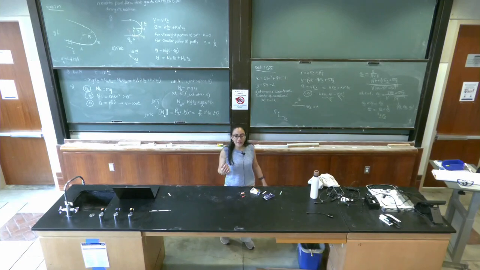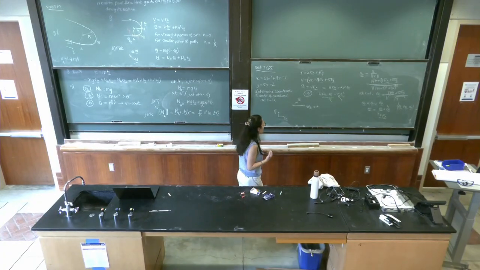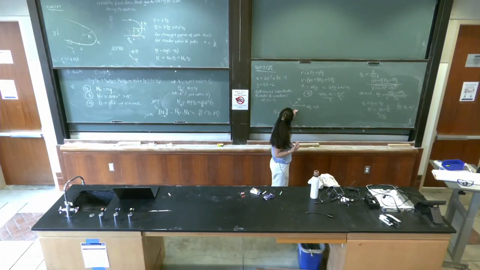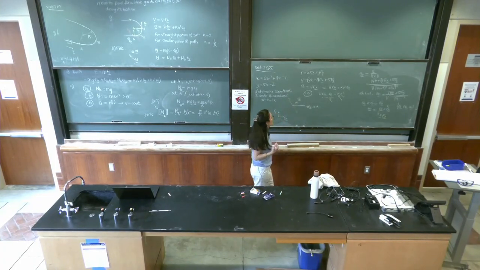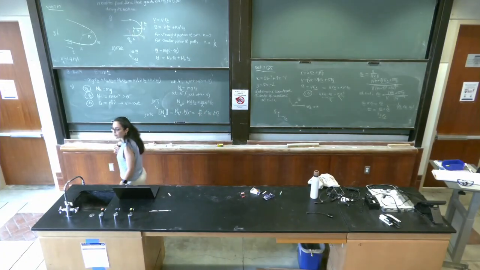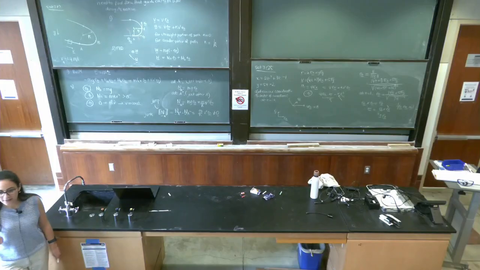How will I draw En? It's perpendicular to Et, right? Down or up? En down or En up? Down? Who says down? Who says up? Discuss.